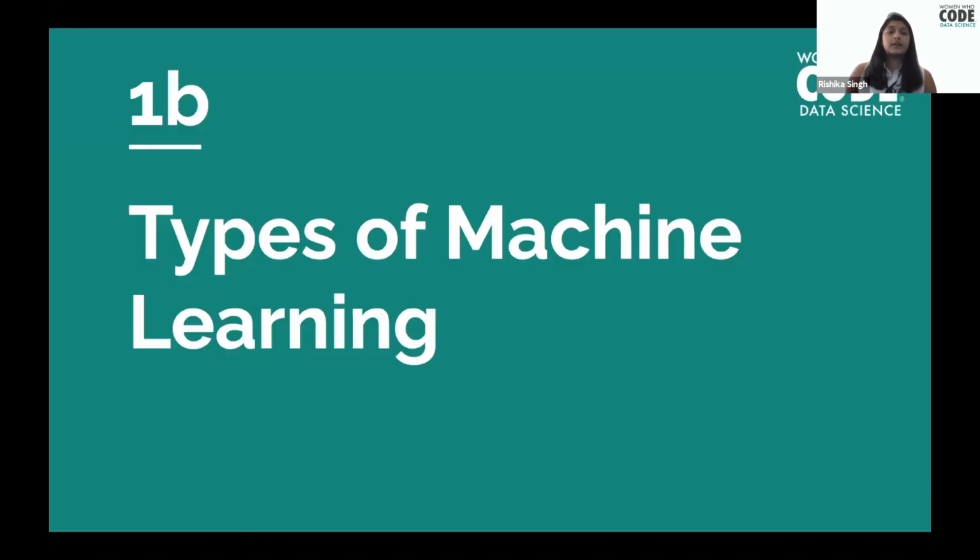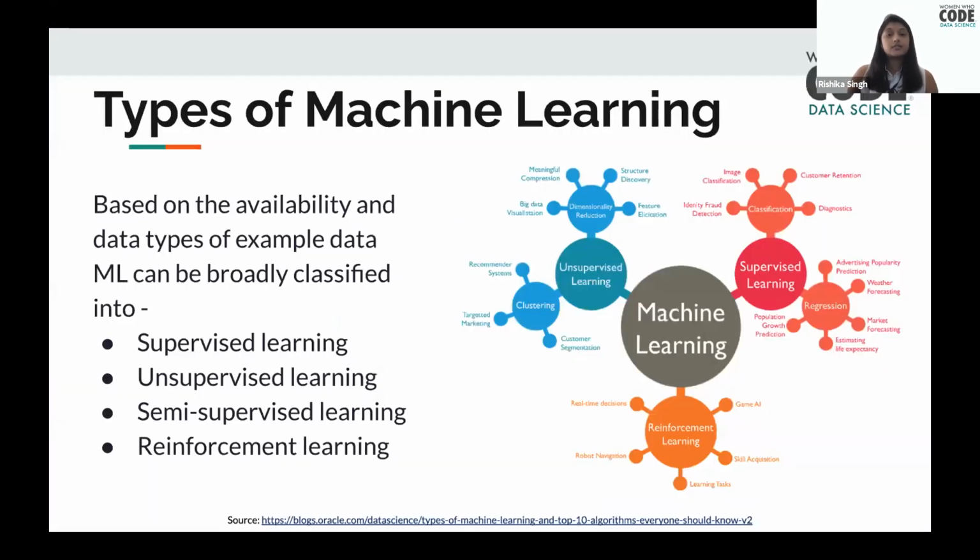So given that, we're going to go a little bit into the different types of machine learning. Based on the availability and the data types of the example data that we have, machine learning can be broadly classified into several categories. There are 4 general categories: learning problems, hybrid learning problems, statistical inference, and lastly, learning techniques.